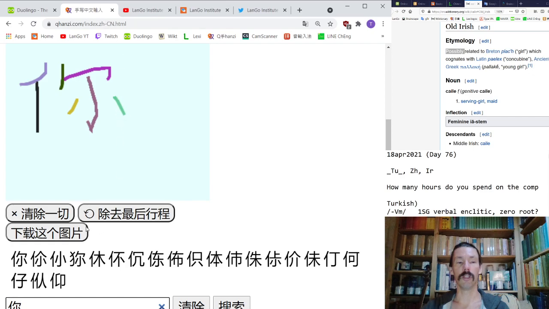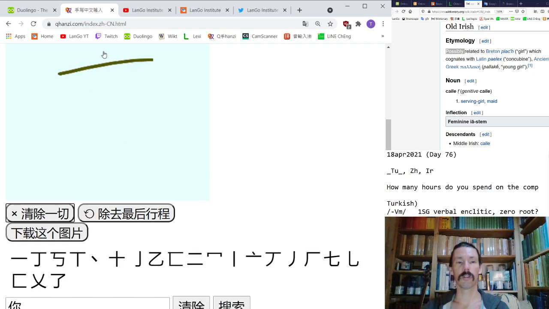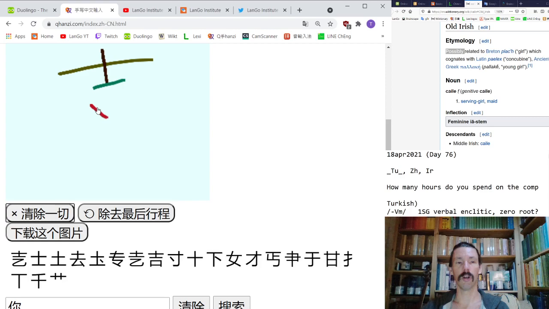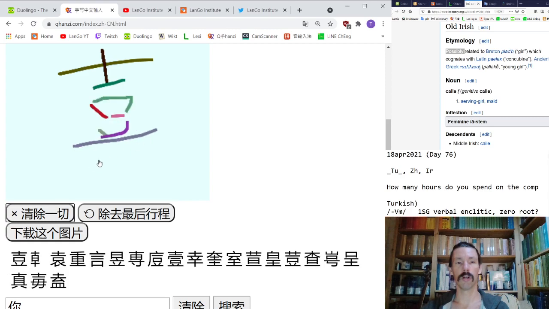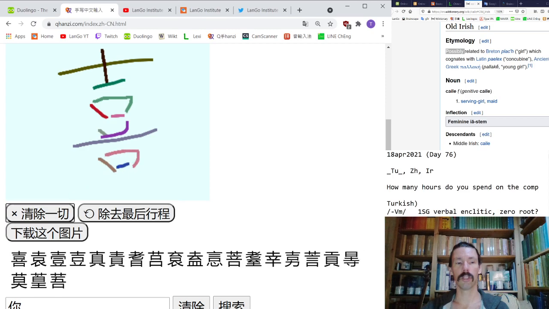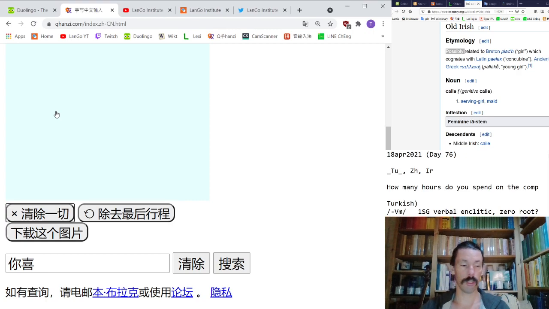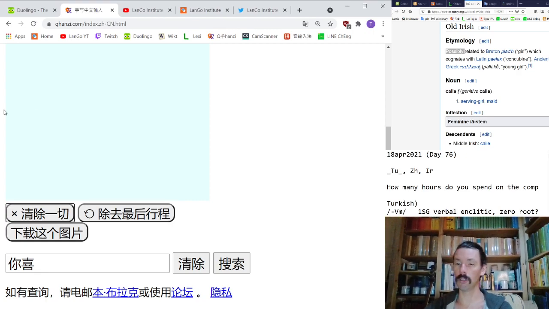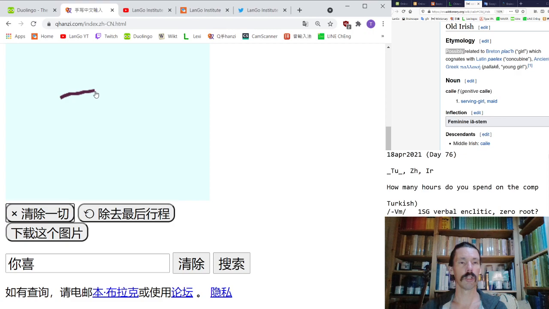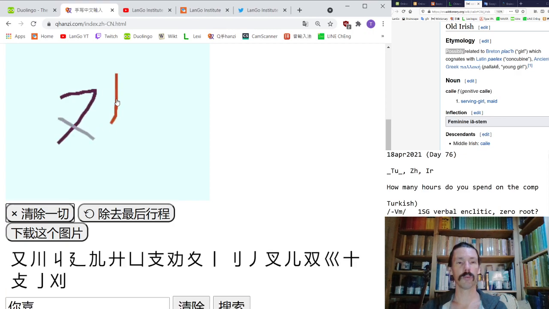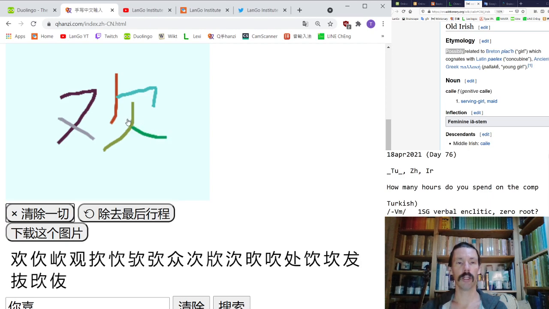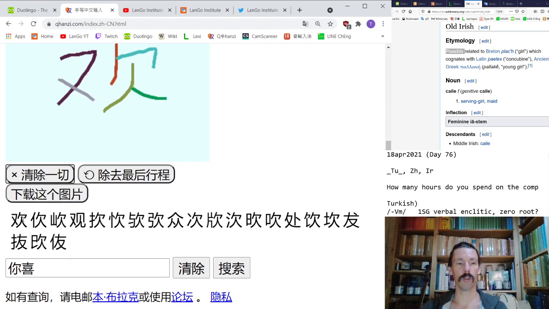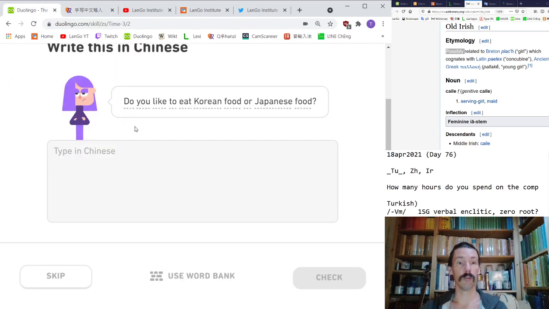Like is 喜欢. And we're doing simplified. That's the theme for today. Haven't ever done that on stream before, I think. So this has a nice simple letter E shape on the left and N-O on the right. 喜欢.